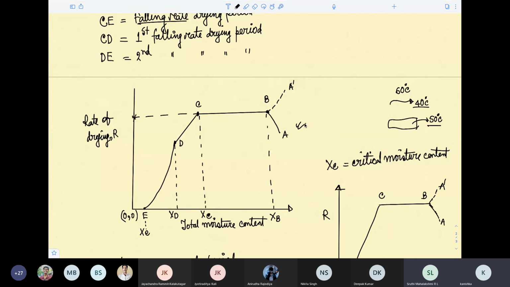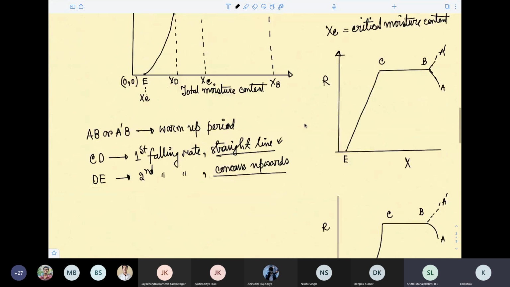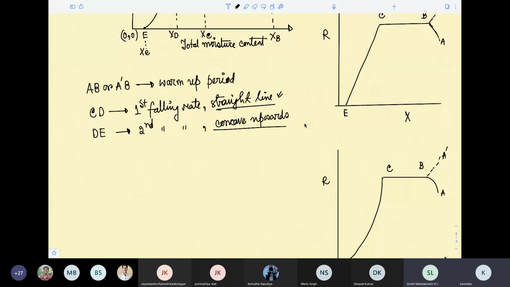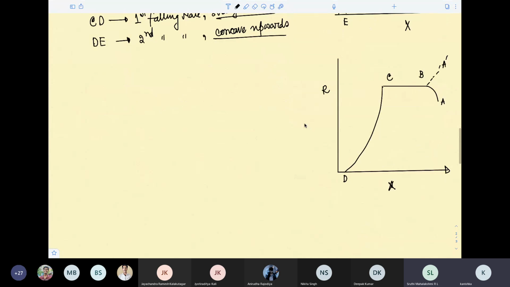Okay, cereal grains. Anyway, I will start from now. Constant rate period. So what does the constant rate period actually say?